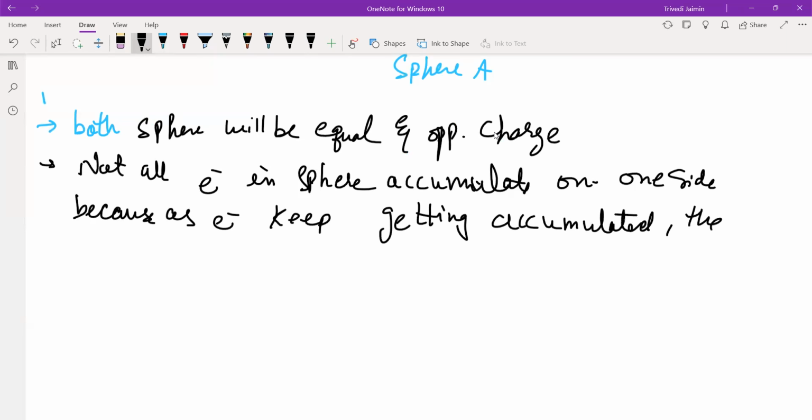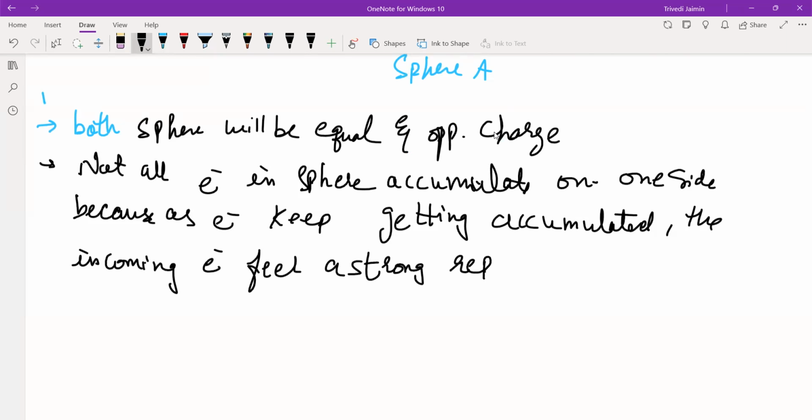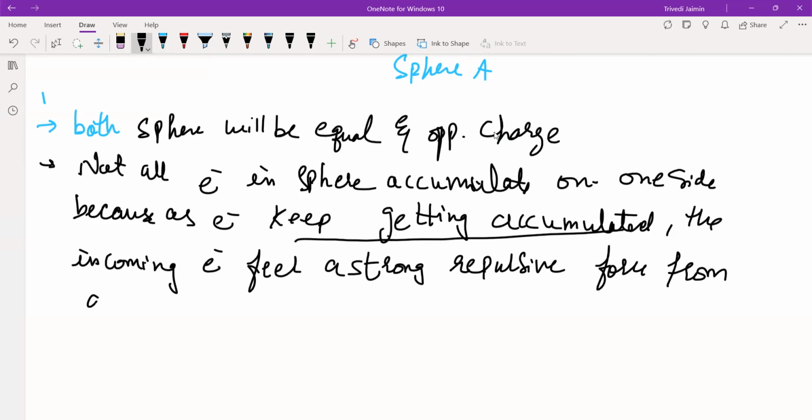The accumulated electrons create a strong repulsive force from the already accumulated electrons.